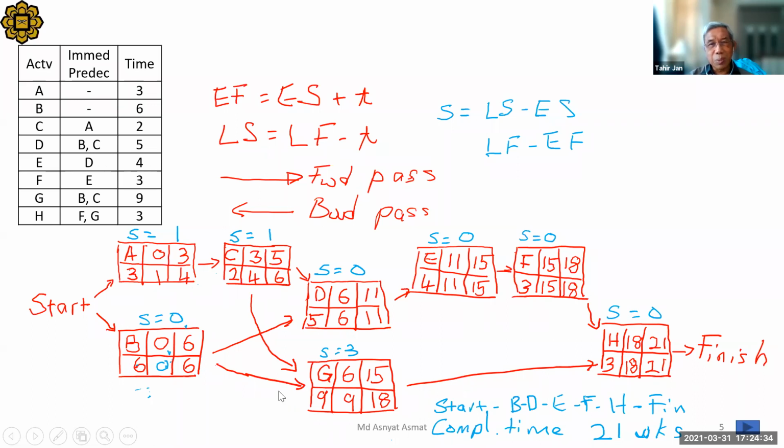Or you can start a little bit later. If I were to delay starting this activity G, when is the best time to start? Week 9. That means I don't start right away. I still work week 9.